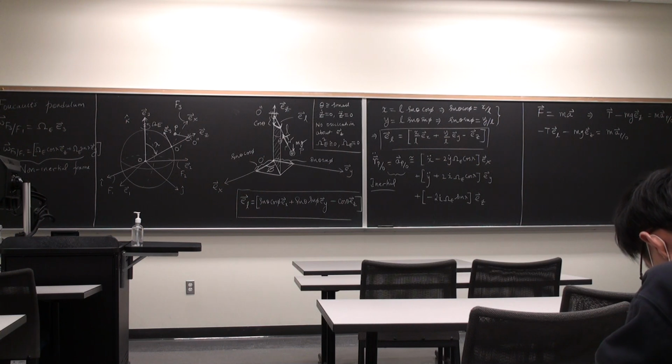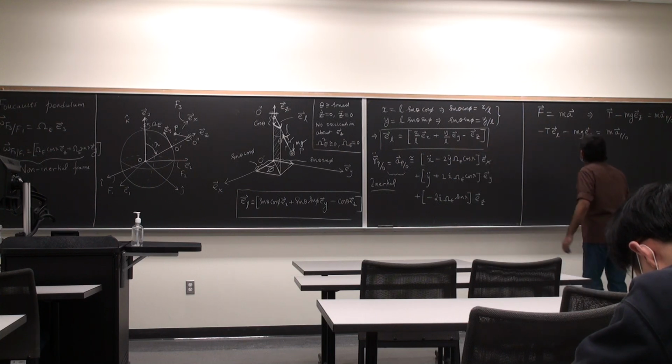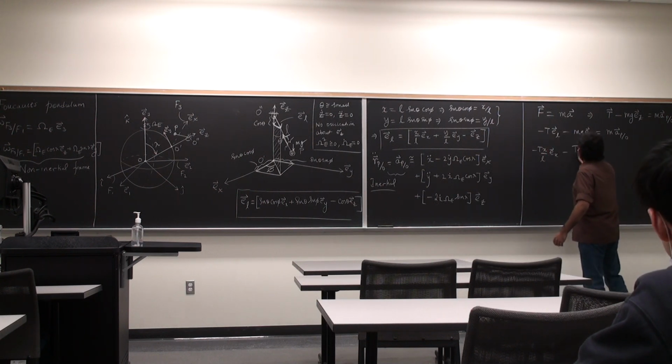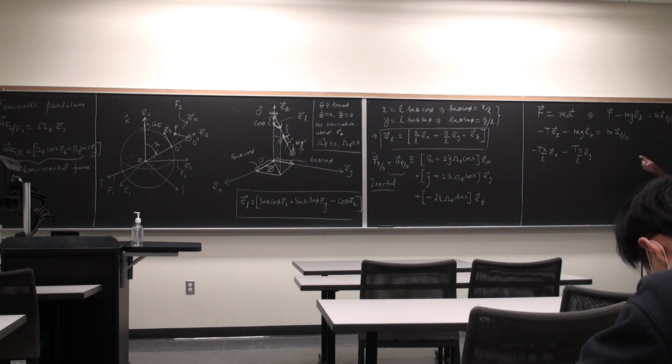Okay. Substitute for EL. This is why we had written EL in terms of Ex, Ey, and Ez, because I eventually have to have everything in terms of Ex, Ey, and Ez. So I'm going to do the substitutions from here. Okay. So this is going to be minus T x by L Ex, T y by L Ey, negative T and negative Ez become plus.